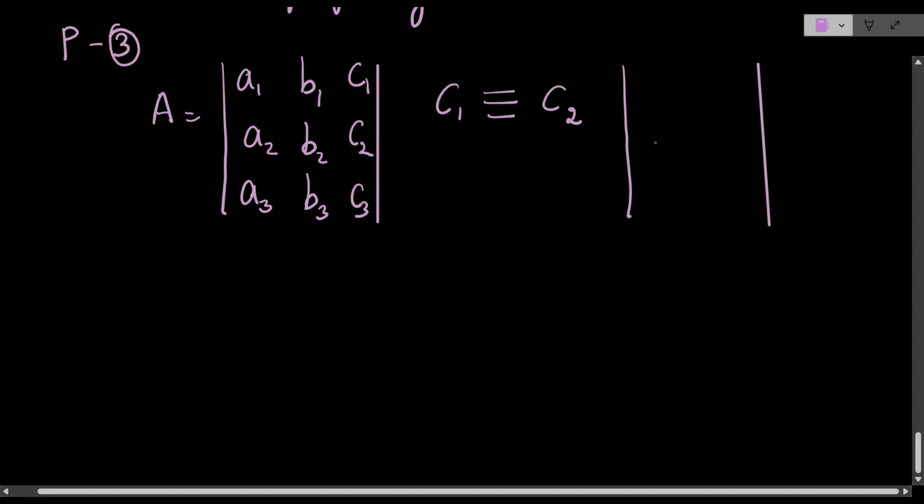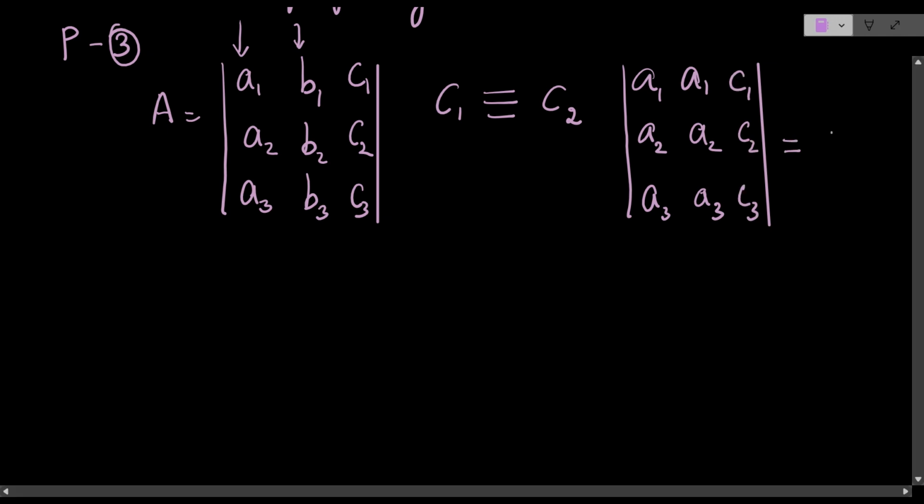These are the columns, column 1 and column 2. Suppose these two are identical, meaning here I have A1, A2, A3 and here also I have A1, A2, A3, and this one the same. Then its value becomes 0. This is the identical symbol.